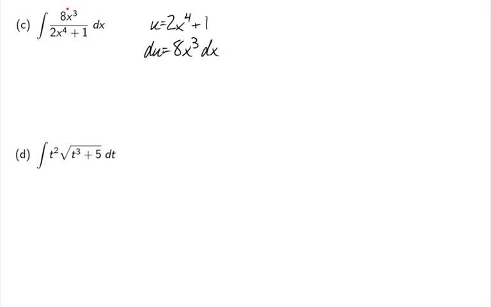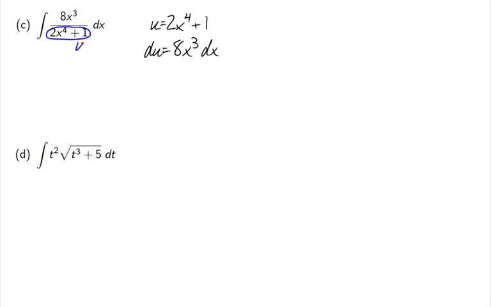And hey, take a look, 8x cubed is in the problem. Now one thing to note is that if you're going to grab something out of the problem for your du, it needs to be in the numerator. The only exception to that rule is sometimes your du might have a 1 over something in its own right. So if it's in the denominator, say here it was a 1 over, then that thing in the denominator you could try to look for as part of your du in the denominator.